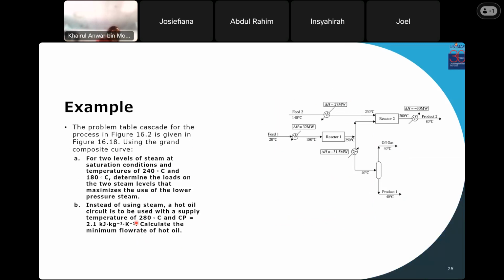The problem table cascade for the process in figure 16.2 is given in figure 16.18 using the grand composite curve. For two levels of steam at saturation condition and temperature of 240 degrees C and 180 degrees C, determine the load on the two steam levels that maximize the use of power.